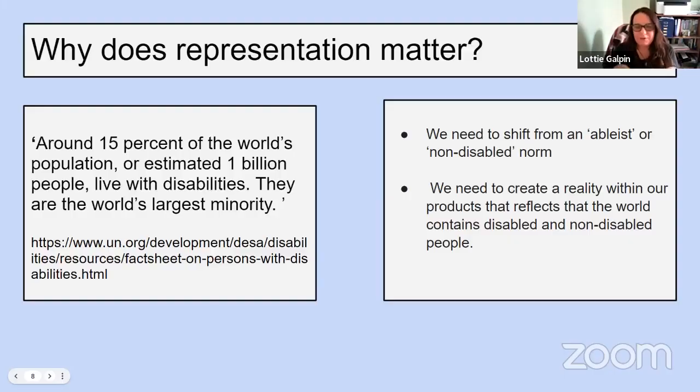We need to accept and understand that the world is composed of disabled and non-disabled people, and we simply need to reflect that. So it's not rocket science. It's just understanding that the world is non-disabled and disabled, with the diversity of the disabled community within that, and we're just reflecting that. We're creating a reality that reflects that the world contains disabled and non-disabled people.